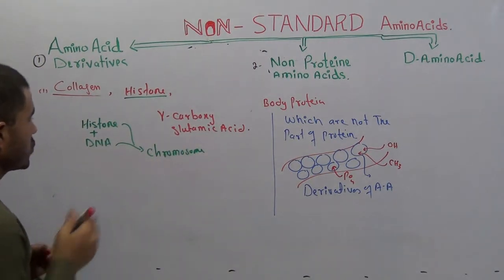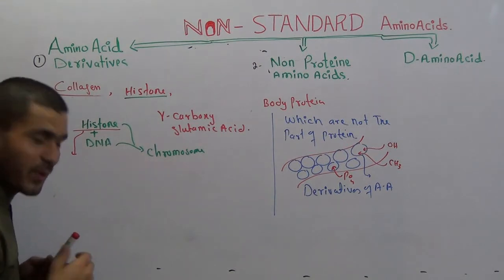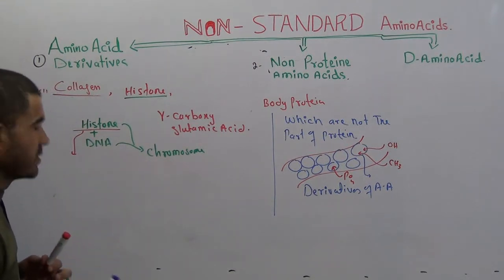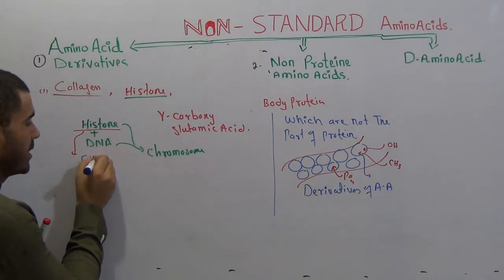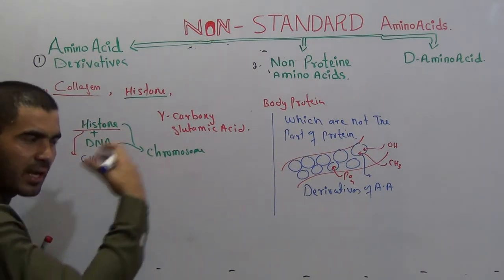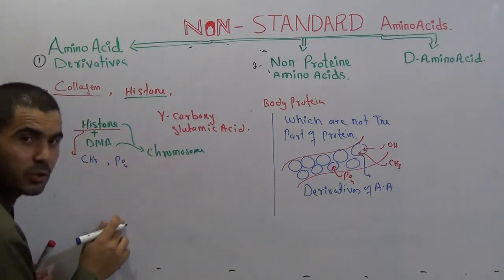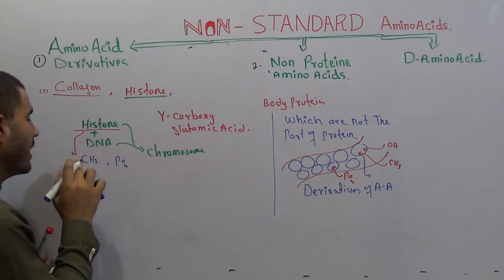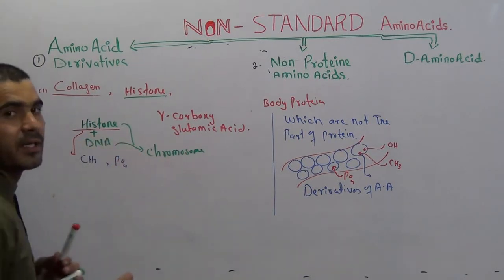This histone protein contains lots of amino acids. Among these amino acids, some are methylated, meaning a methyl group is added, or a phosphate group is added. So whether you add a methyl group or a phosphate group, they also become derived.